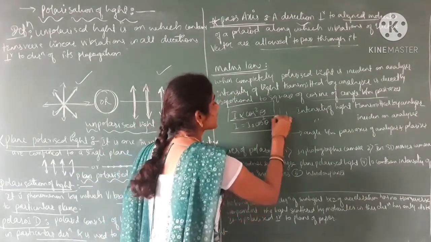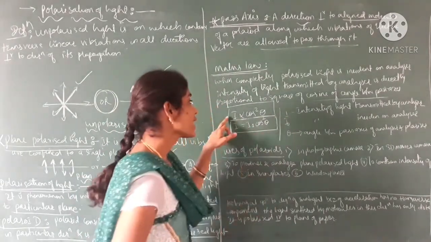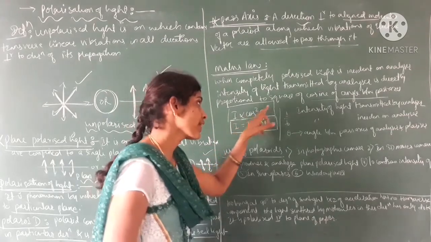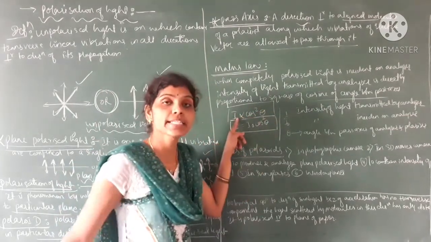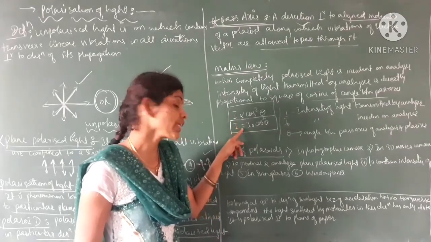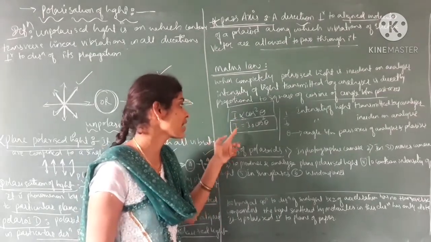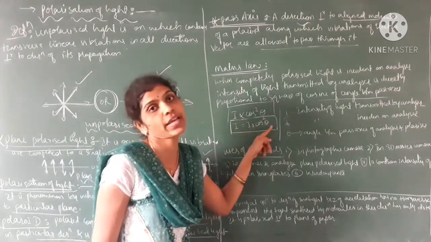If we remove the proportionality symbol and introduce an equality symbol, I is equal to I naught cos square theta.